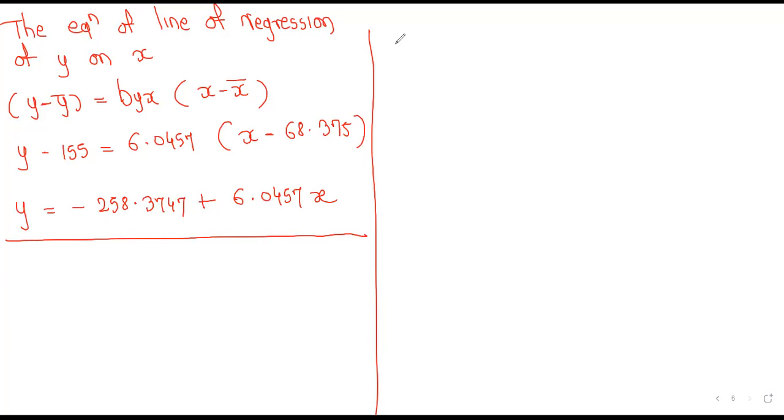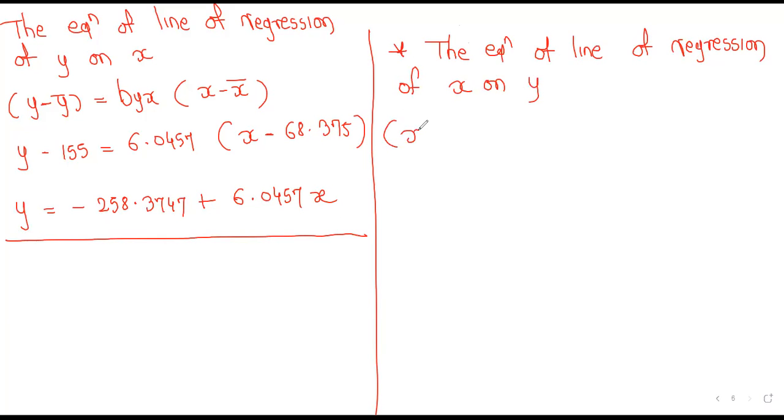Now we find the line of regression of x on y. So the equation of line of regression of x on y, which is x minus x bar is equal to bxy into y minus y bar.